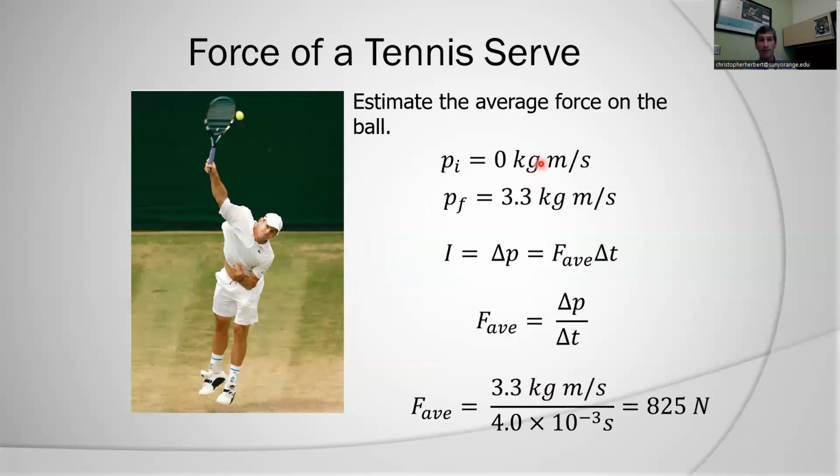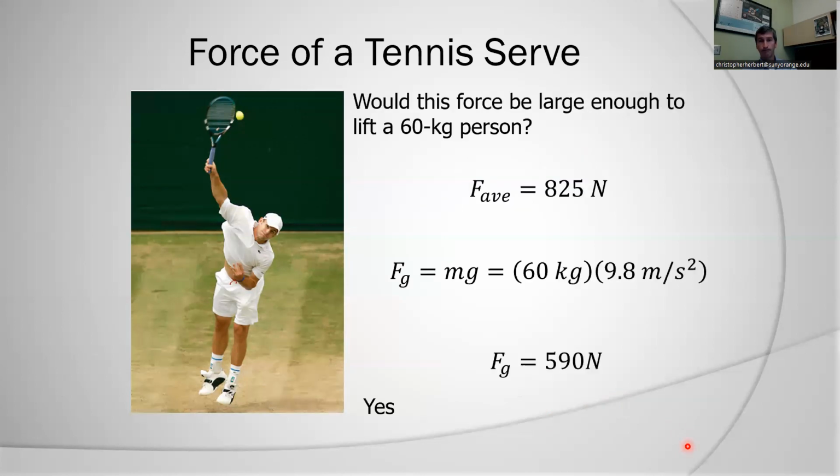I know that this is my initial, this is my final momentum. My impulse, this should be J, is equal to the change in momentum, which is the average force times time. The average force here, our change in momentum, 3.3 minus 0, divided by the time, 4 milliseconds, is 825 newtons.